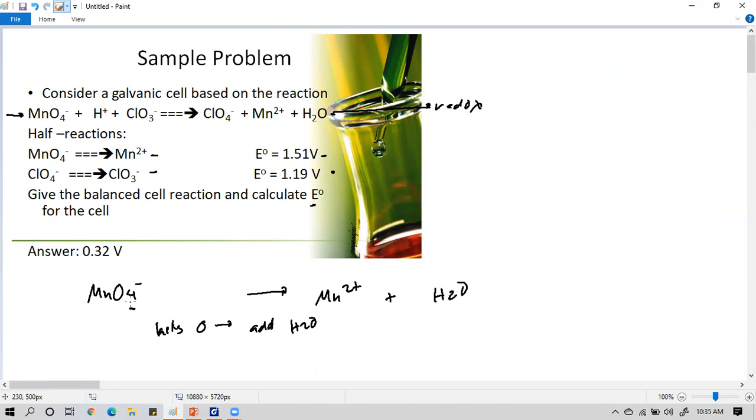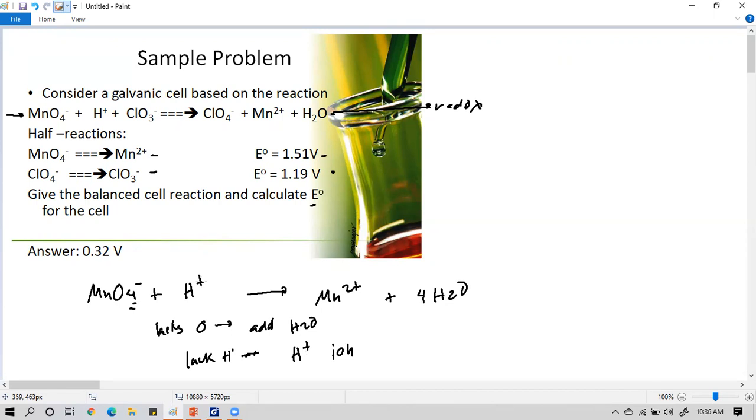But how many oxygens are lacking? 4. So you will add 4 molecules of H2O here. Now, as you would notice, the reactant lacks hydrogen due to the presence of H2O. When it lacks hydrogen, you add H+ ions to the reactant, or wherever hydrogen is lacking. And we are talking about balancing a half cell reaction for a redox reaction, not for the typical chemical reactions.